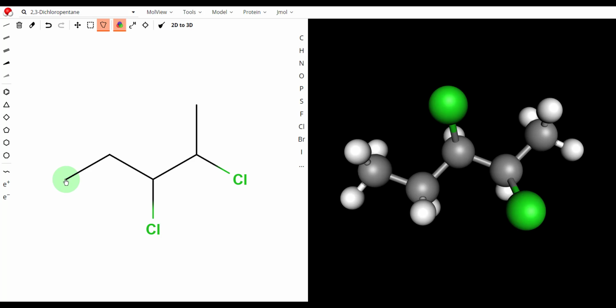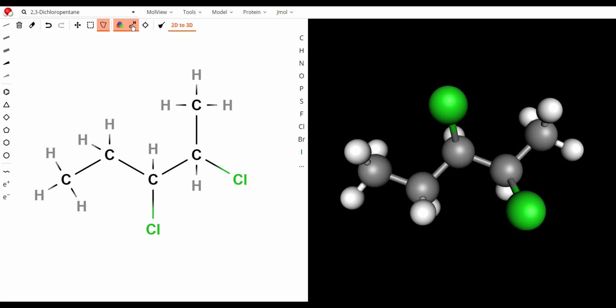How many hydrogens do we see? 1, 2, 3, 4, 5, 6, 7, 8, 9, 10. So we have 10 hydrogens and then 2 chlorines. So the final molecule will be C5H10 and then Cl2.